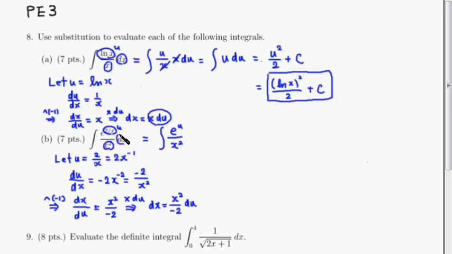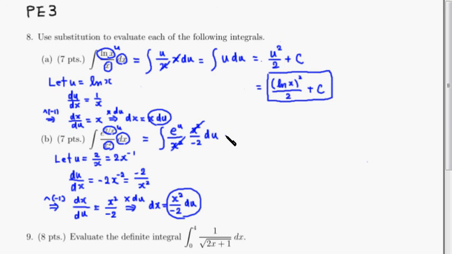Then there's a dx here, which is the same thing as x squared over negative 2 du. So you have x squared on top and x squared on the bottom cancel out.